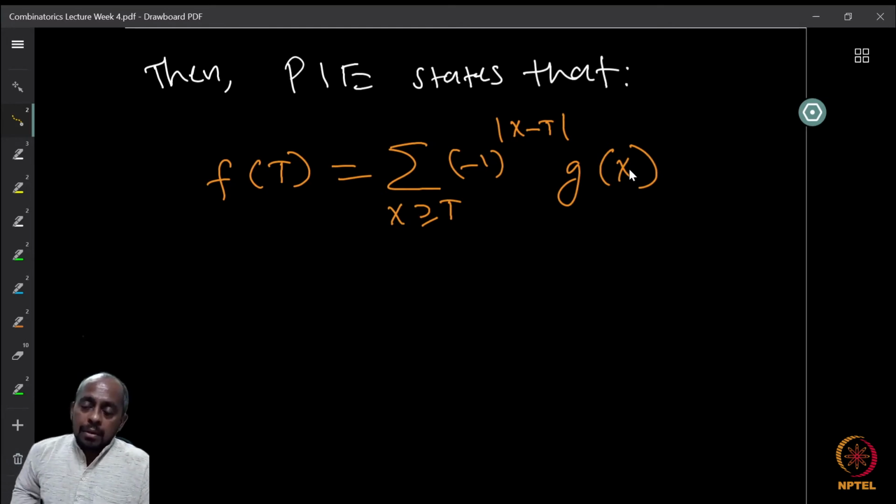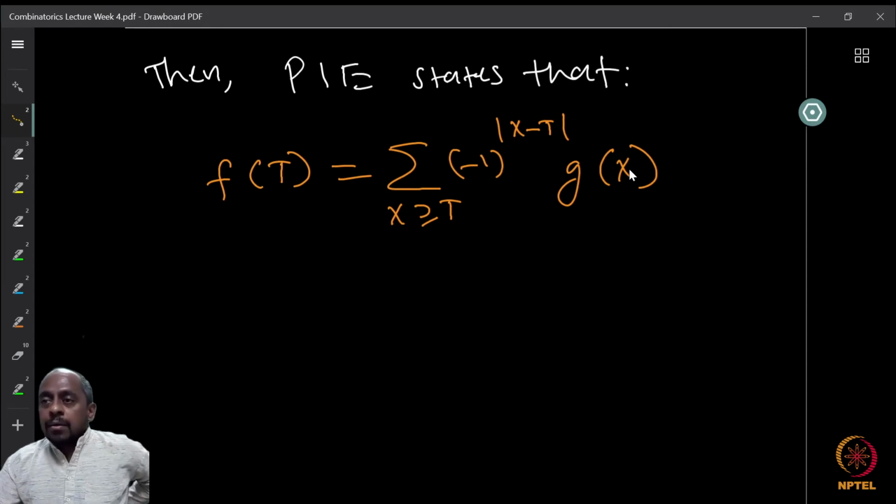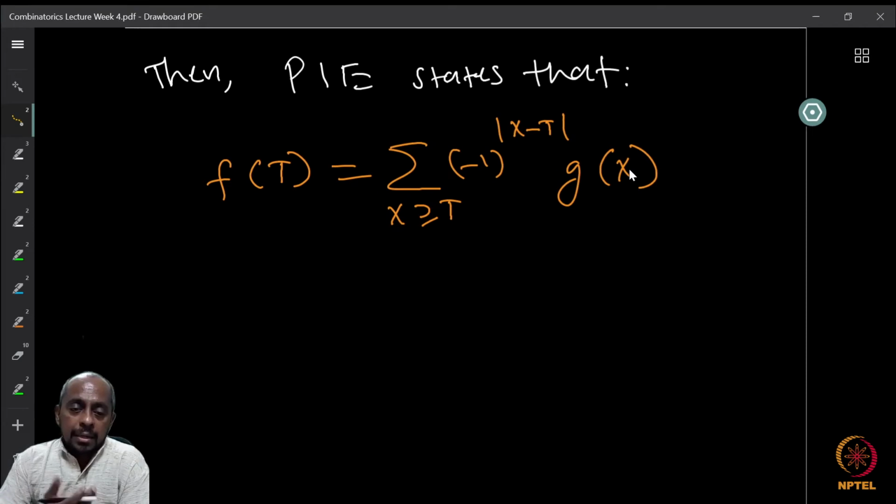So the standard, or more popular, way of introducing the principle of inclusion and exclusion is by looking at small examples, like you have 2 sets or 3 sets. Then, to count, you count the union, then you subtract the intersection of pairs, and then you again go back and add the things that we have subtracted too many times, right?